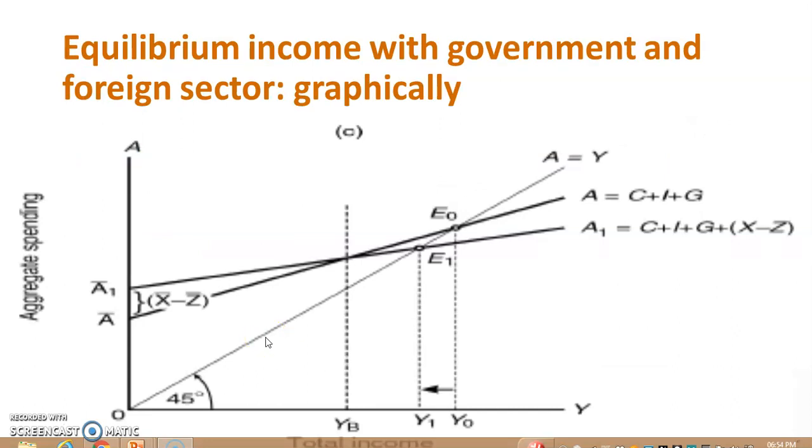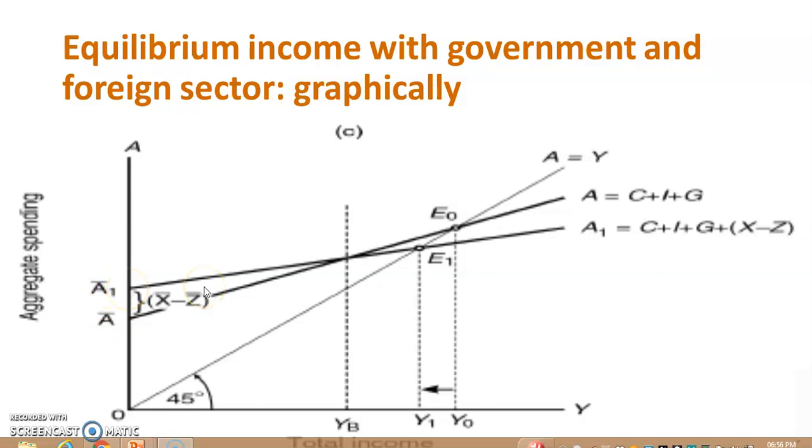In figure C, net exports are added to the other components of aggregate spending, C plus I plus G. The aggregate spending function before the introduction of the foreign sector is represented by A. When net exports are added, the intercept and the slope of the aggregate spending function changes. In the figure, net exports are positive when Y is 0. The vertical intercept of the aggregate spending function therefore increases from A bar to A bar 1.